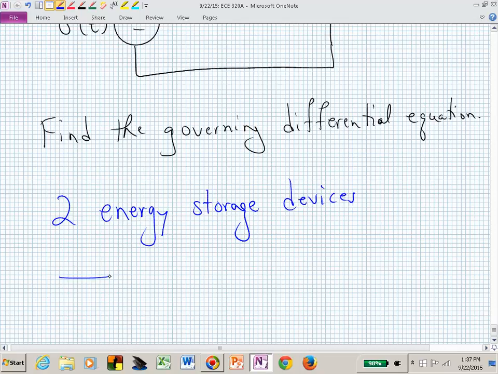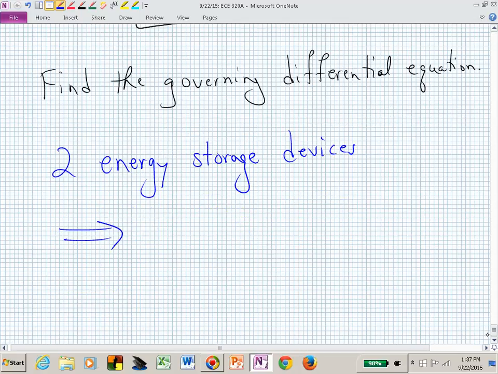Does that tell me anything about the relationship in the time domain of this circuit? You now have derivatives because of ELI and ICE, because of the L and the C. If you have derivatives, what kind of an equation are you going to expect?